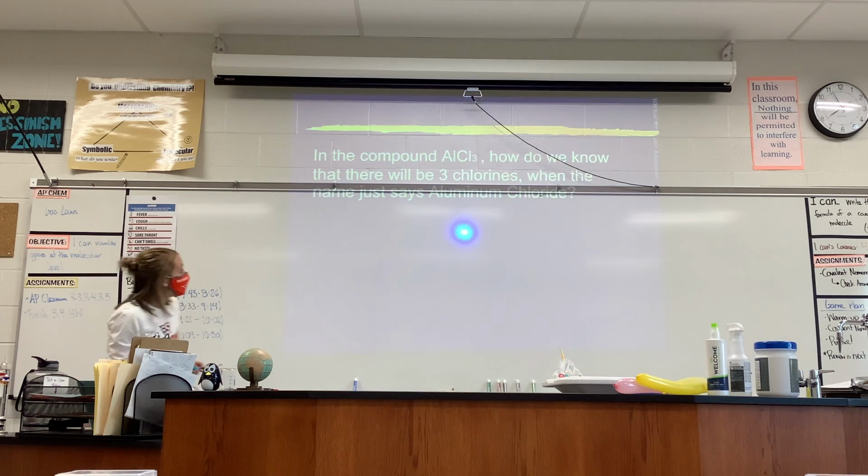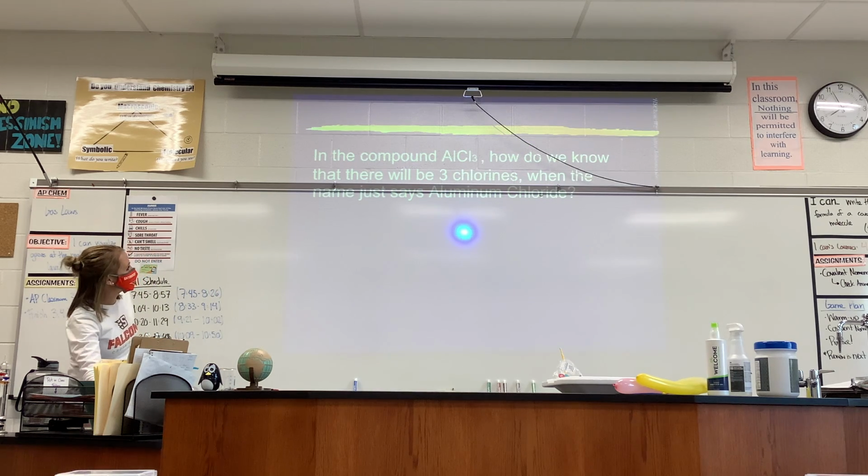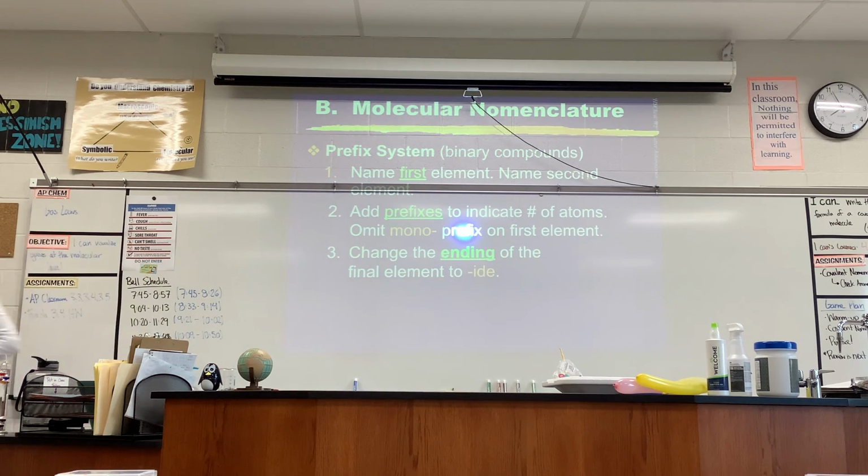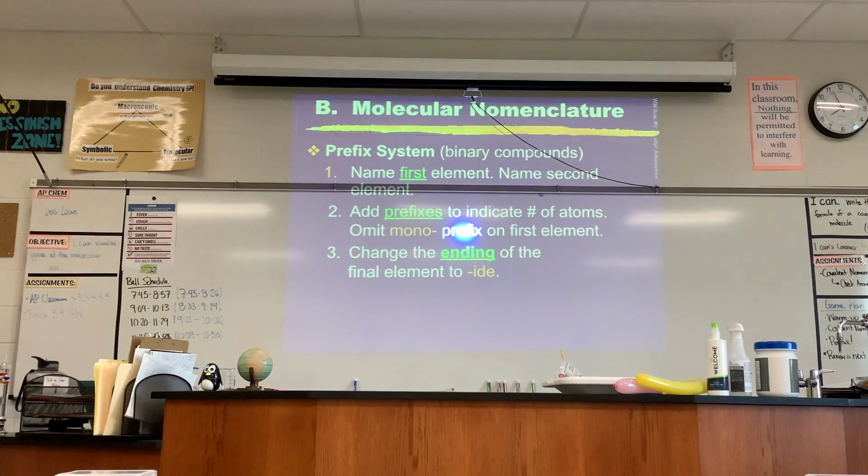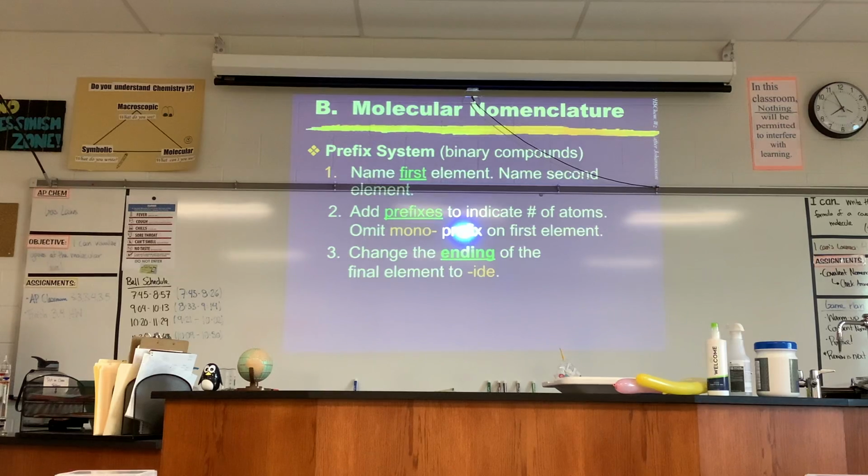With the covalents, we have this prefix system that helps us identify how many of each thing there are, because it's not based on charges at all. So these are the rules, and then we'll do a bunch of examples. Similar to before, you name the first element.